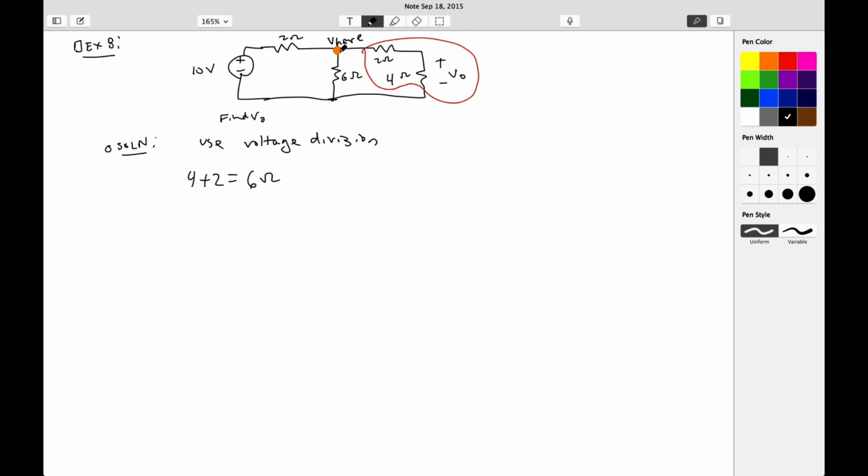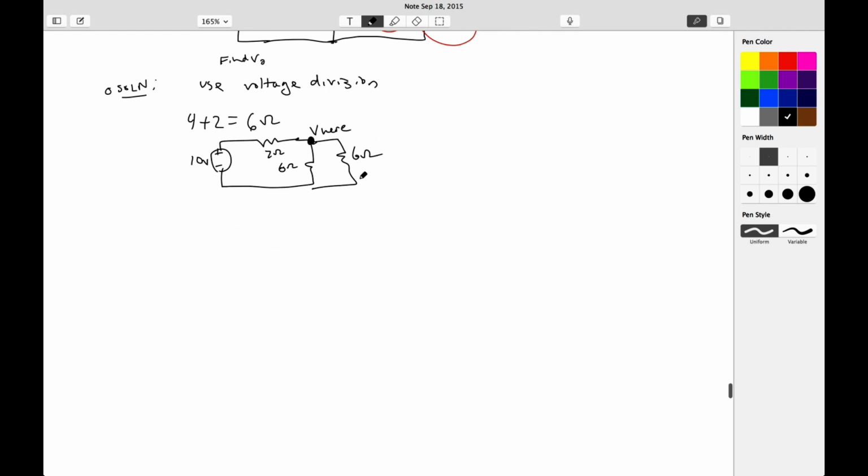So I want to find the voltage there, and so now I've got a 10 volt source, and I have a 2 ohm resistor, and then I have a 6 ohm resistor in parallel with a 6 ohm resistor. And I'm still looking, of course, for V here.